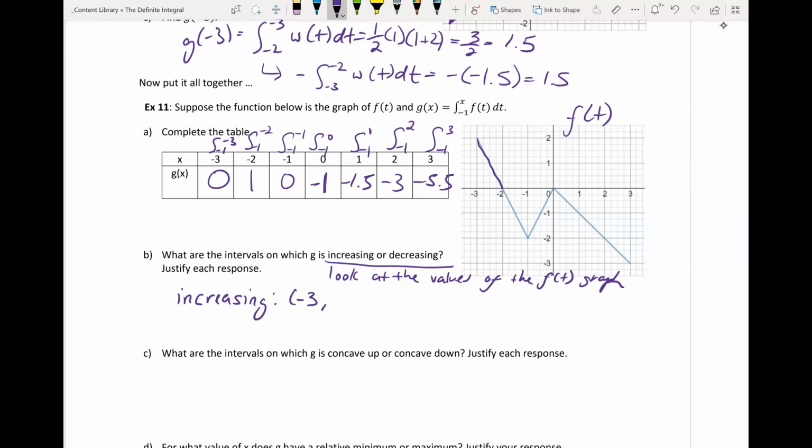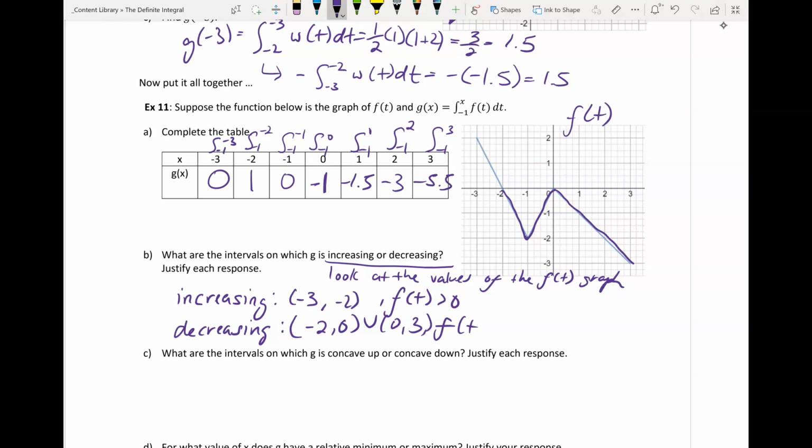So from negative 3 to negative 2, and that's because f of t is positive. And then for decreasing, we're going to look at all values that are negative. So that's from negative 2 to 0, and then from 0 to 3. And that's because f of t is negative here.